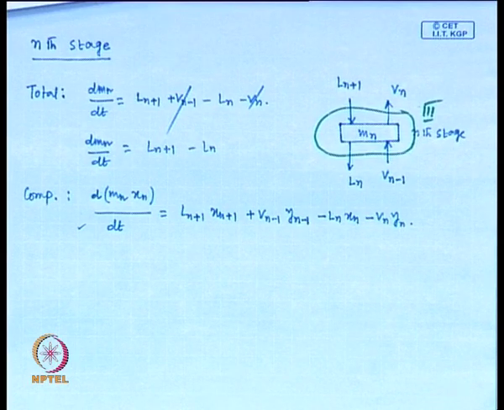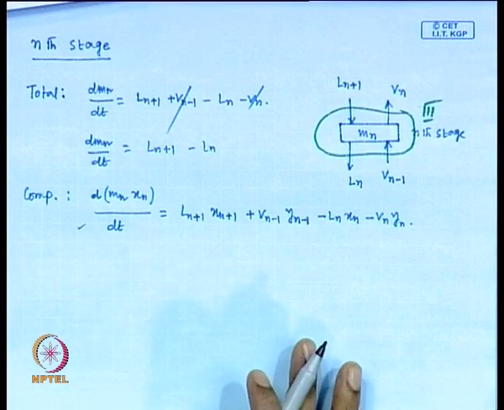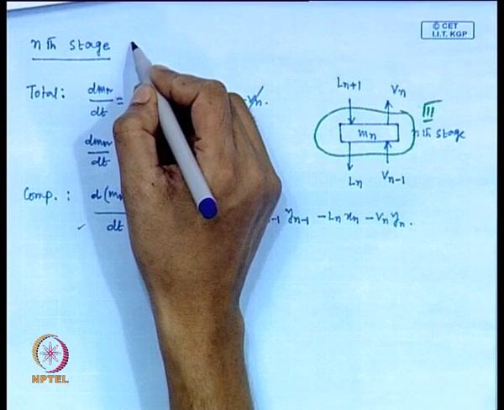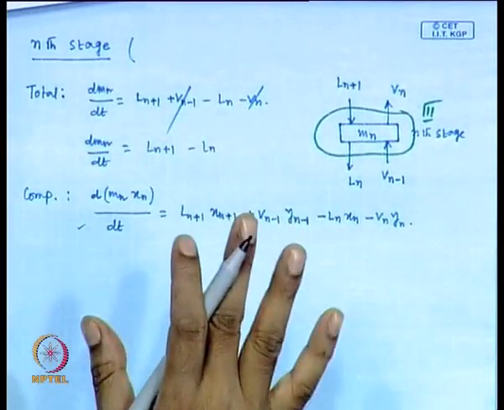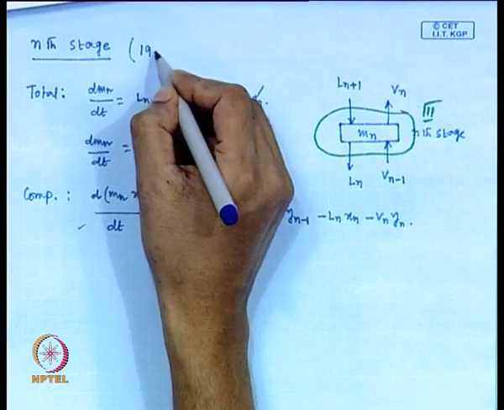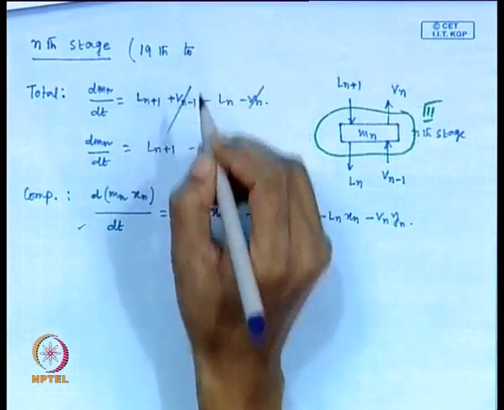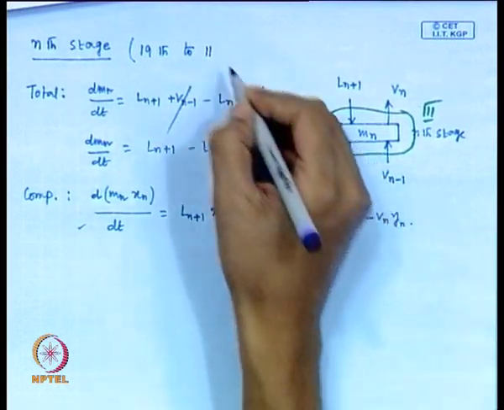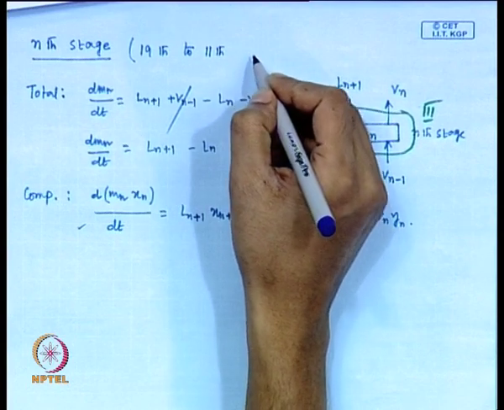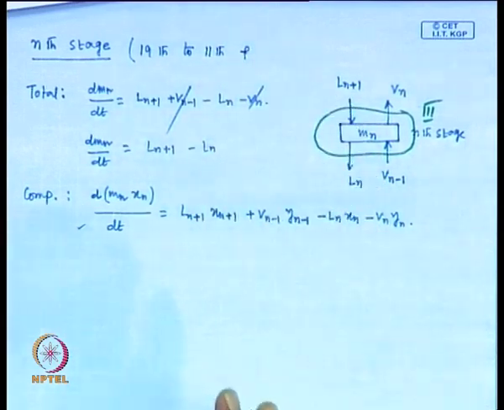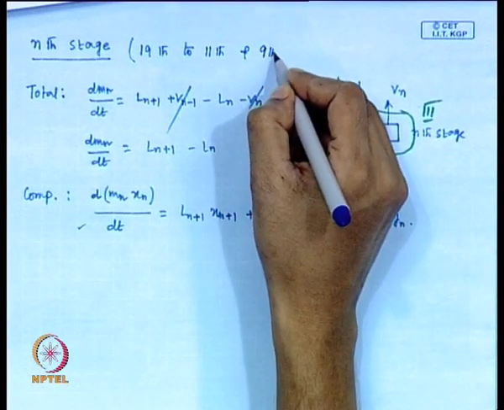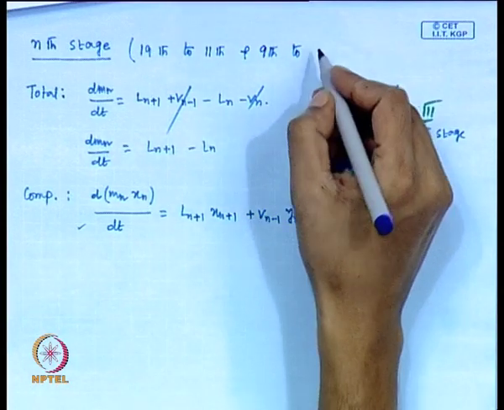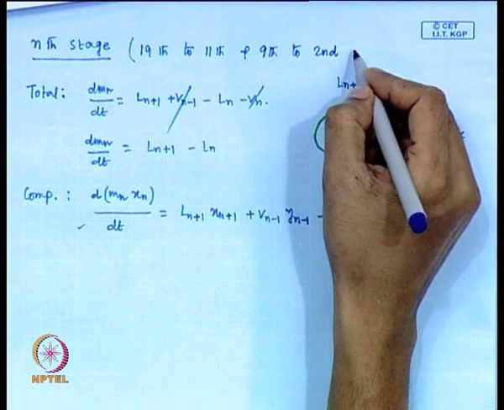So, what will be the nth stage basically? The nth stage is basically just below the top stage, that means 19th, to above the feed stage, that means 11th stage, and below the feed stage, that means 9th stage, to above the bottom stage, that means 2nd stage.